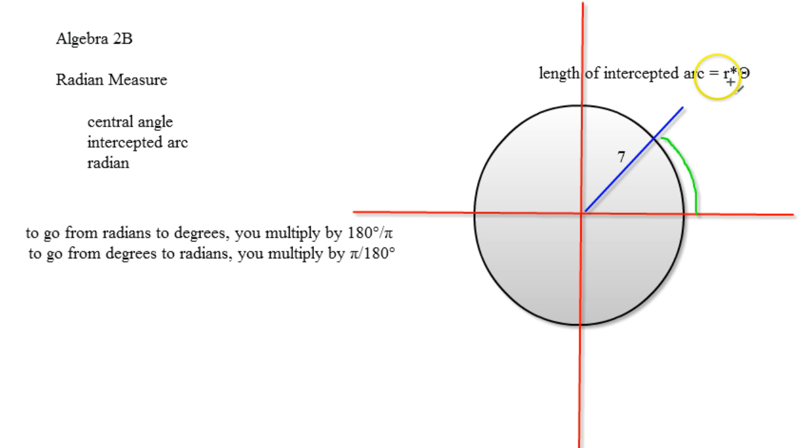Theta does need to be in radians. If it's not in radians, you're going to have a heck of a time working with this. So all you need is those two things, and you can find the arc length.